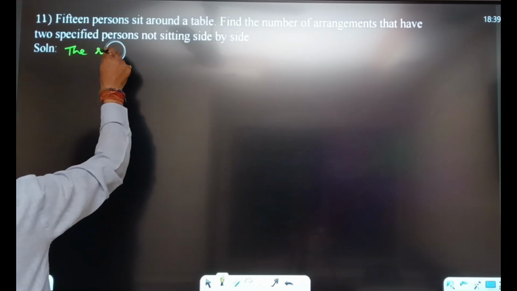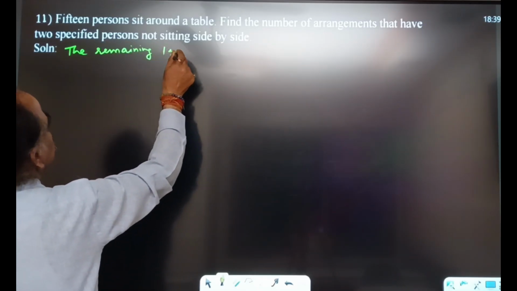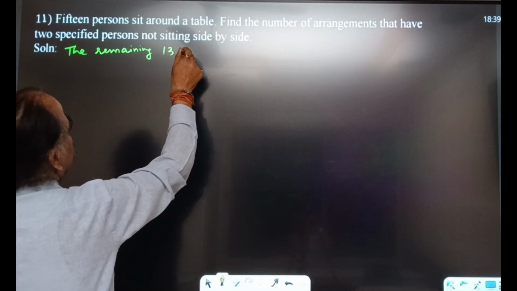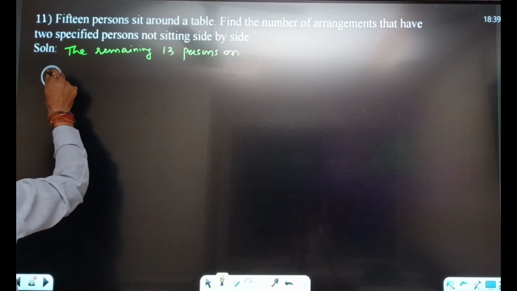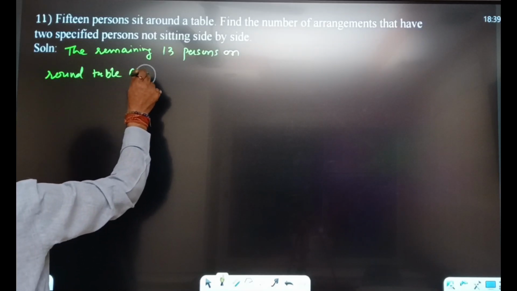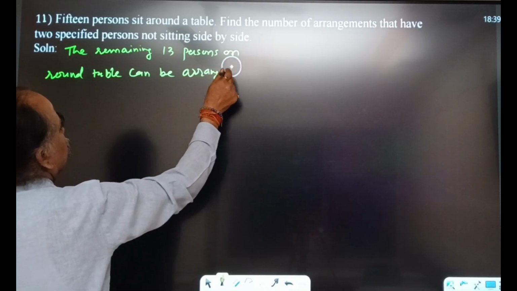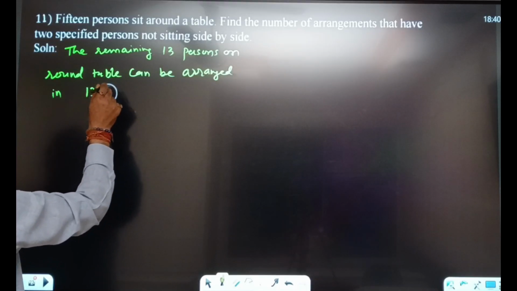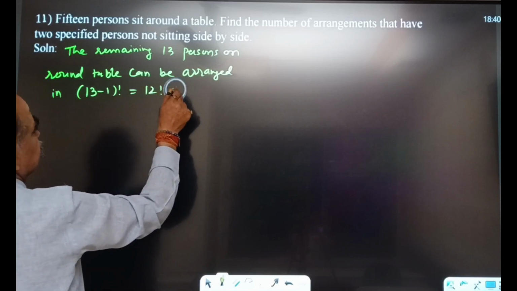The remaining 13 persons on a round table can be arranged in 13 minus 1 factorial, which is equal to 12 factorial ways.